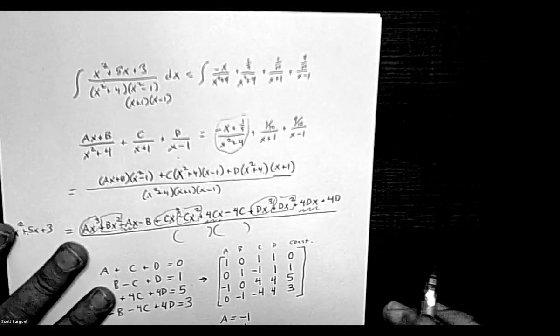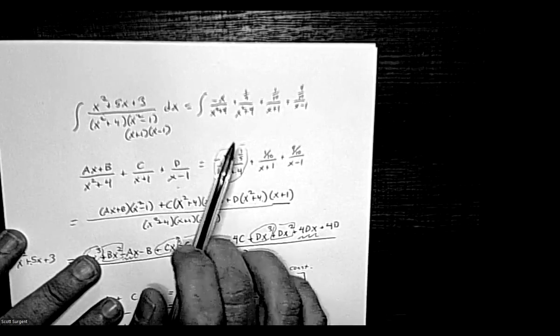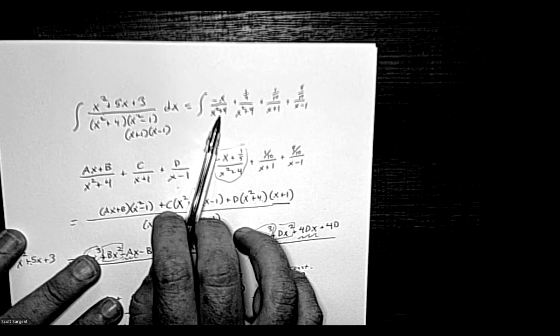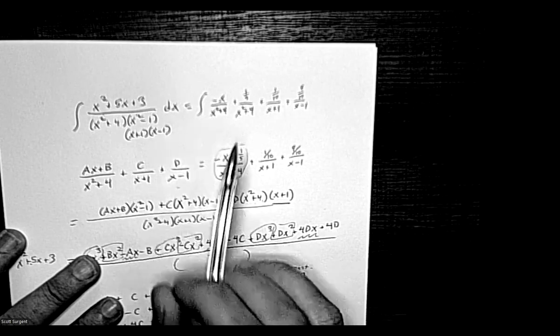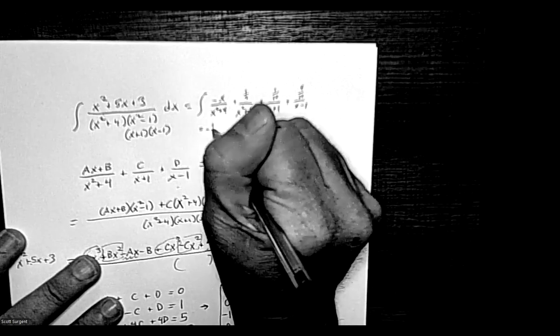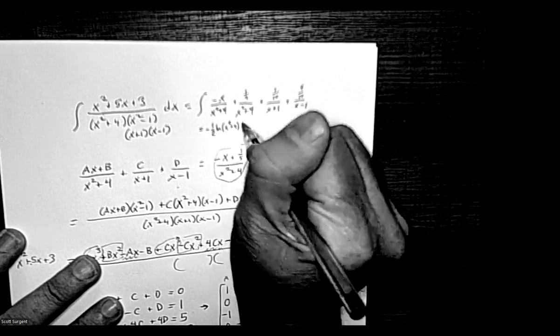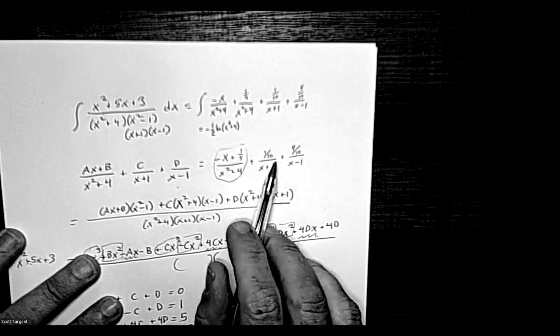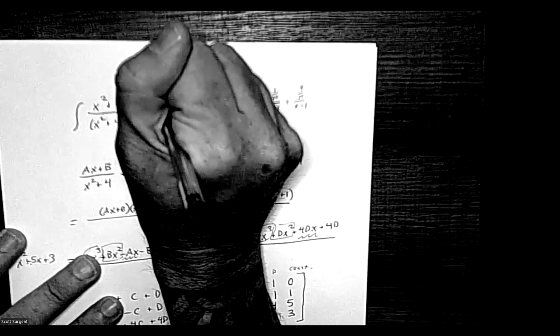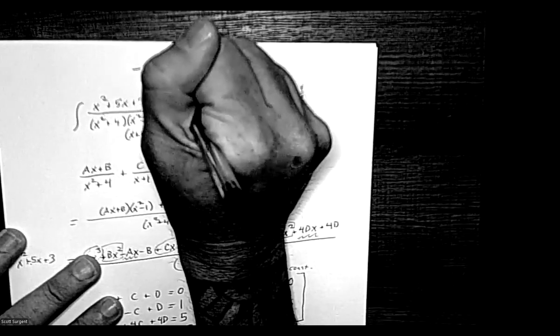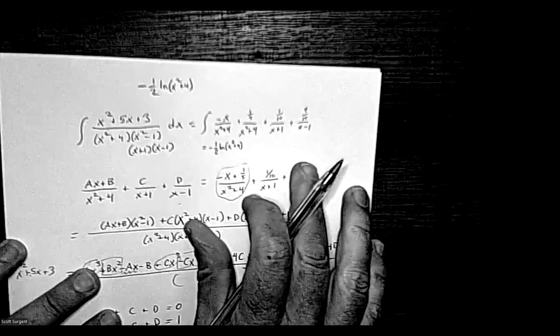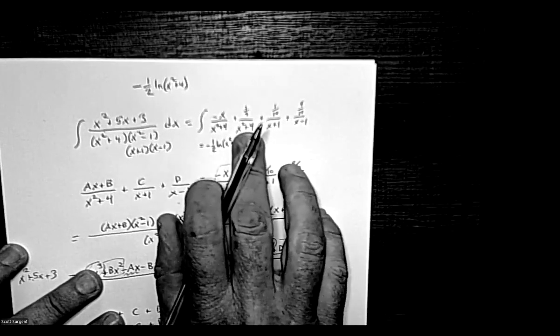And I apologize, it does look a little blurry. This is a natural log, and we have to do a little bit of balancing. It's going to be negative 1/2 ln of x squared plus 4. This 1/5 will just come out in front. Let's see if I can write that bigger. It's going to be negative 1/2 ln x squared plus 4. And then this one right here is going to be an arctangent.